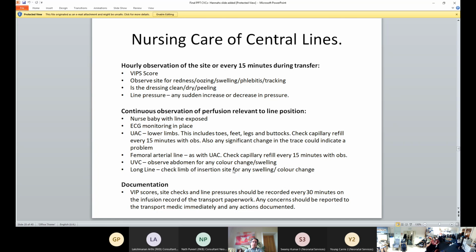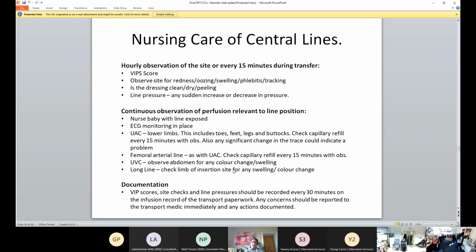So, nursing care of central lines, just following on from what Hisham has said. Documentation for transfer: before you go anywhere with the baby, it's important to make sure that you have checked the position on the X-ray yourselves as the transport team and documented that in the notes.